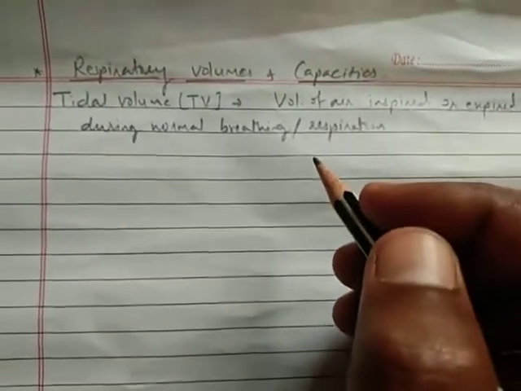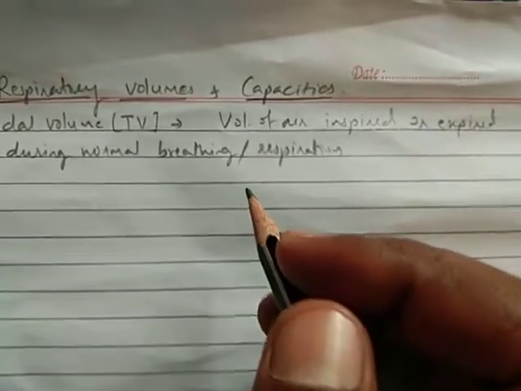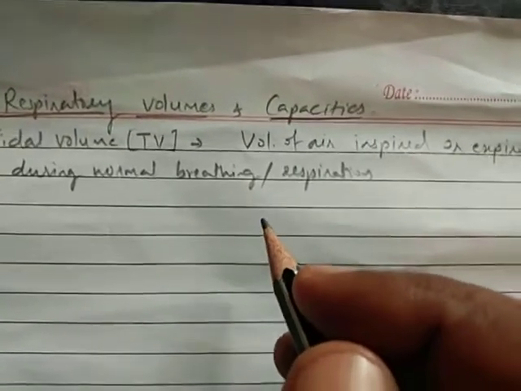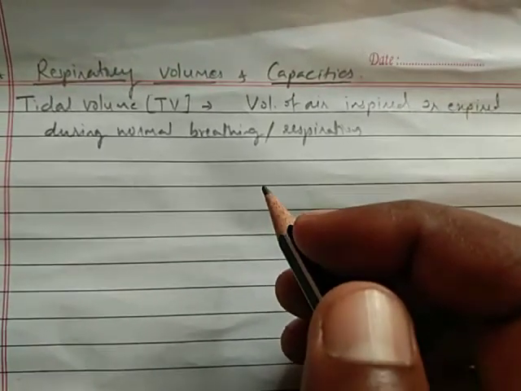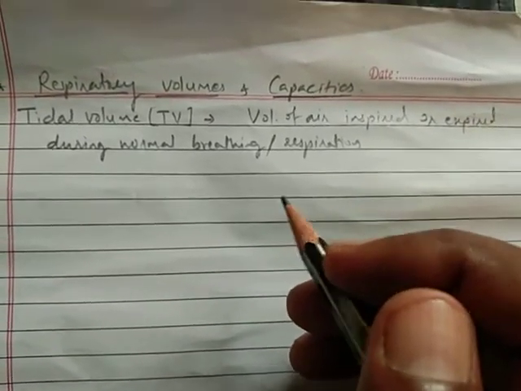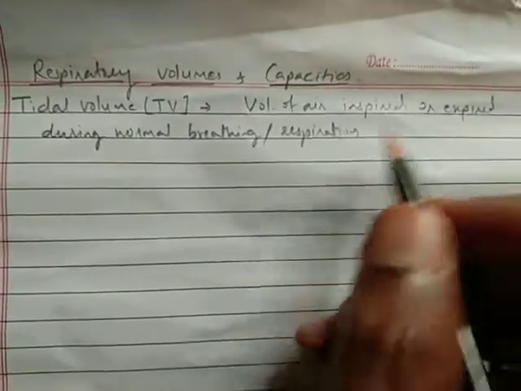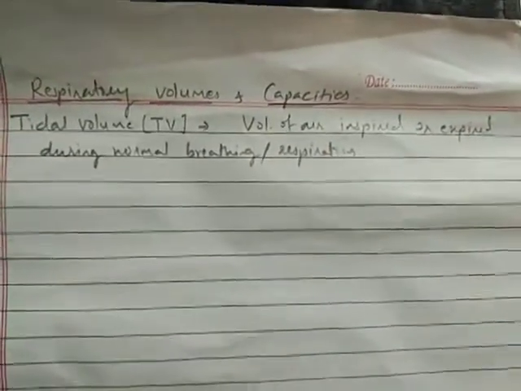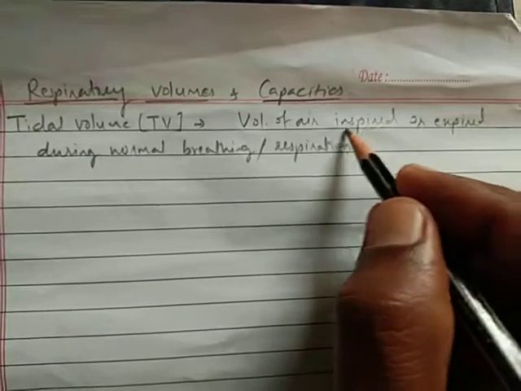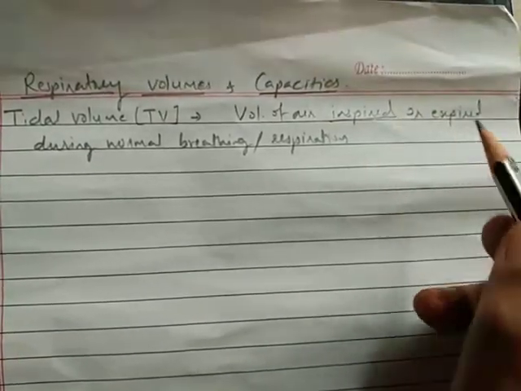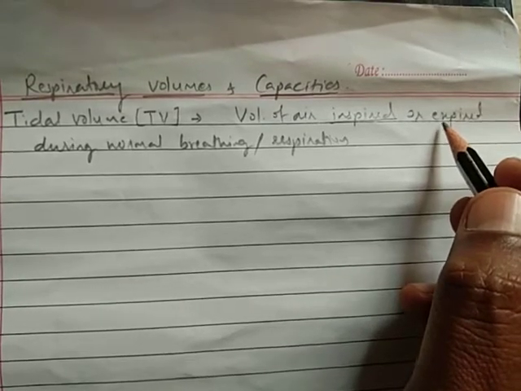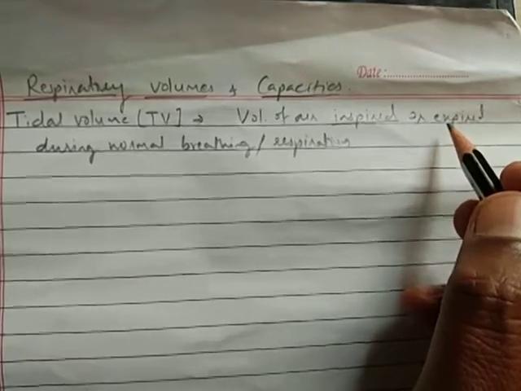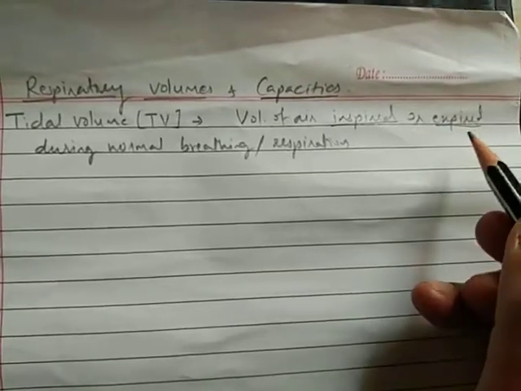During the normal breathing process, that means inspiration and expiration, how much quantity of air is inspired or expired? The volume of air inspired means inhaled, and how much air exits from the lungs through the nose, that is exhaled.